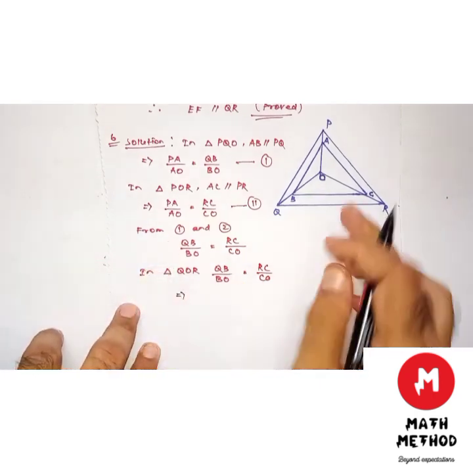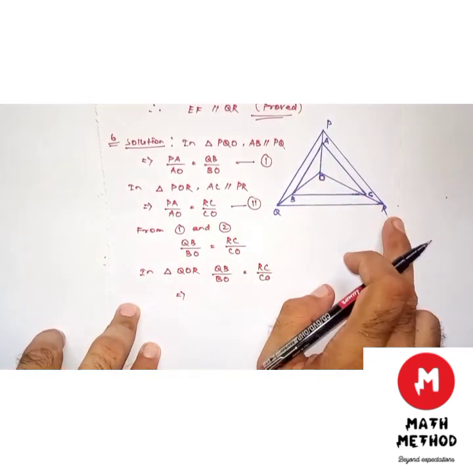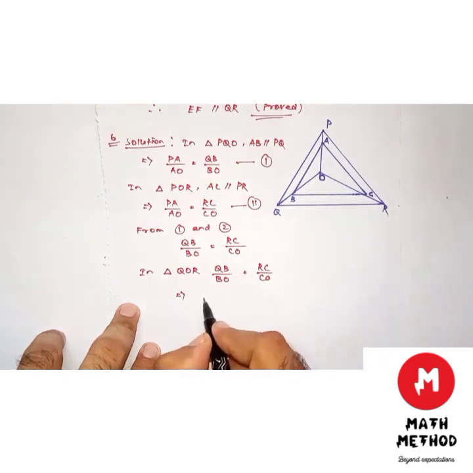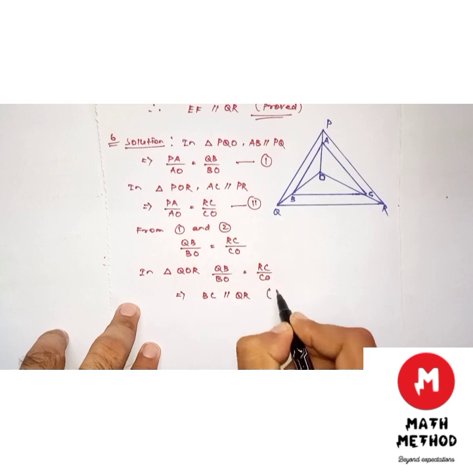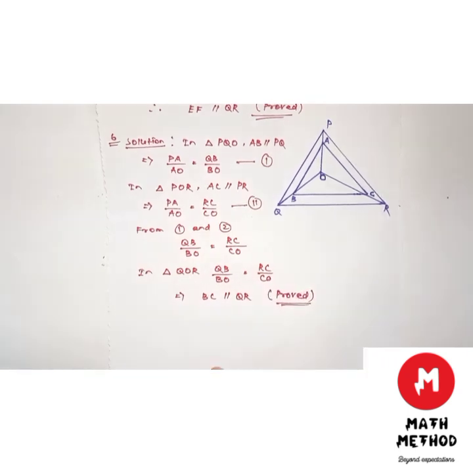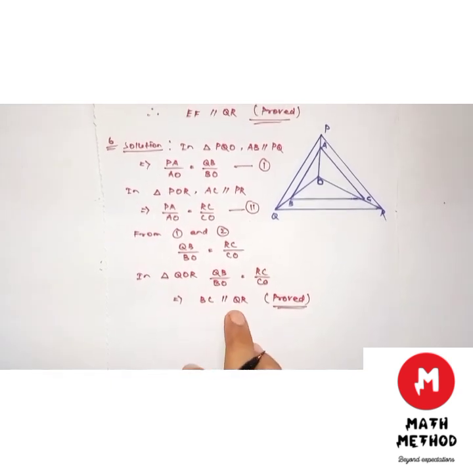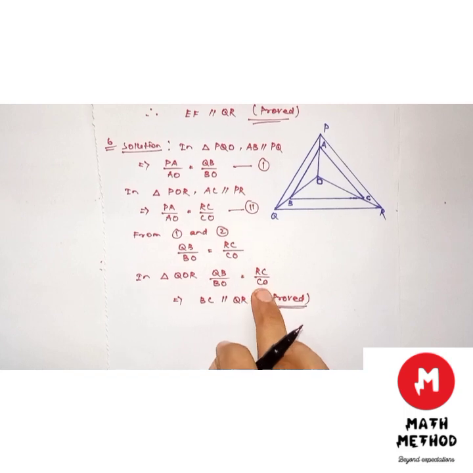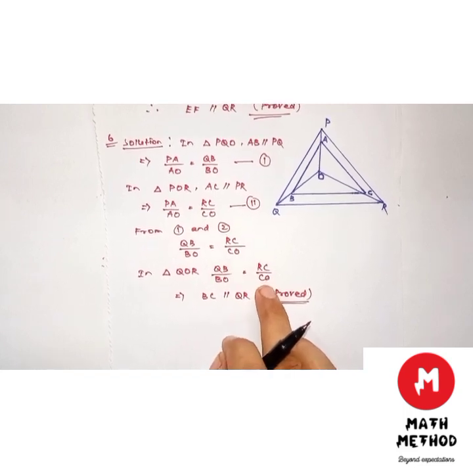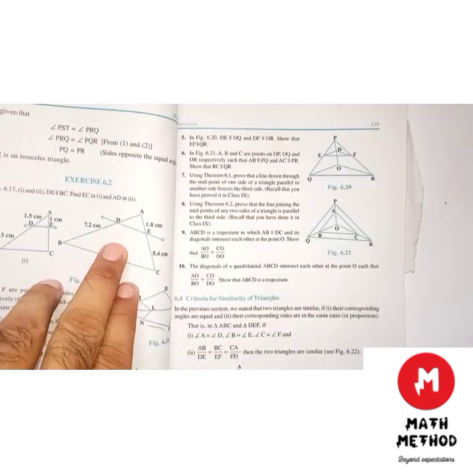Implies for triangle QOR, BC will be parallel with QR, which we got. We have to write it, hence proved. Clear? Now why did I write BC parallel to QR? This is the converse theorem of Thales, that is theorem number 6.2. Clear?